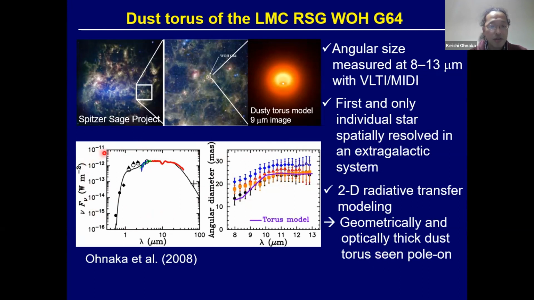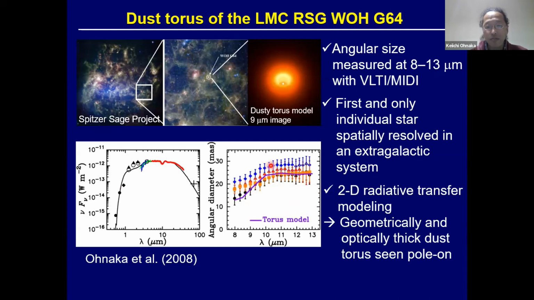So the left panel shows the SED from the optical to far infrared, and the torus model, the solid line, can explain the observed SED quite well. And the right panel shows the MIDI data. From 8 to 13 micron, the symbols with different colors are the measured angular diameters at the different position angles.